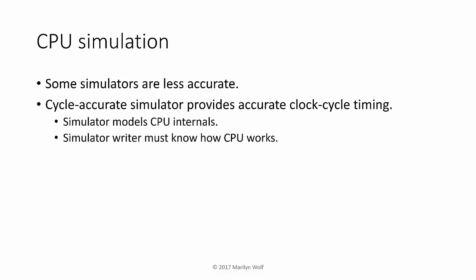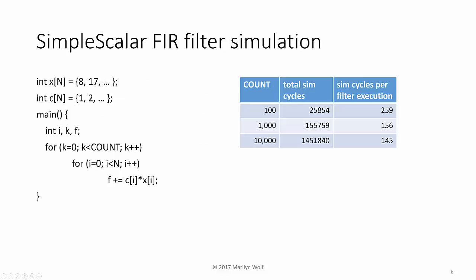Cycle accurate simulators provide accurate clock cycle timing for the execution of instructions. This requires the simulator to model the internals of the CPU, which means in turn that the creator of the simulator needs to know how the CPU works. Some aspects of the CPU's operation may not be publicly available.